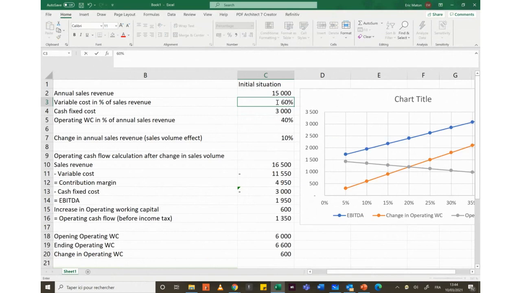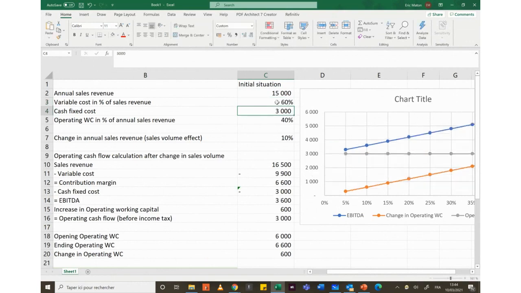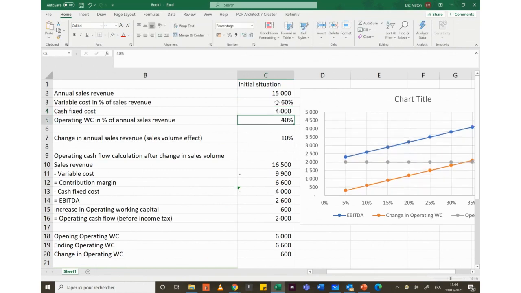Here, if you reduce, you increase the slope, and you put more fixed costs in order to have a better situation in terms of operating cash flow. Because the problem with the variable cost, it's you are consuming the cash you are creating. With the fixed cost, you invest one time, but you are not supposed to invest all the time. So you save the cash after the first decision to invest.